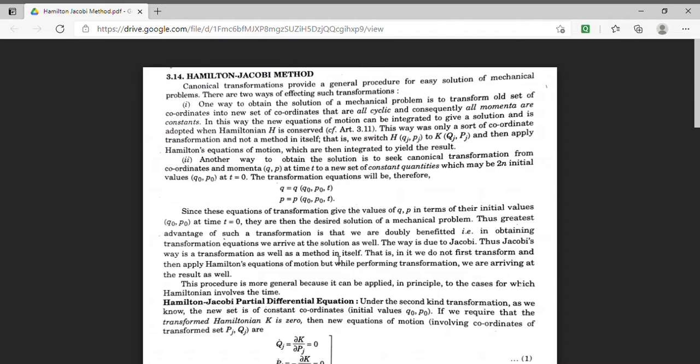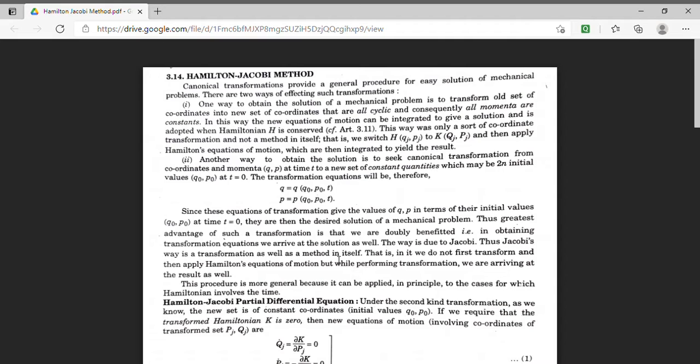And we know that the relation between r, theta and xy coordinates is r equal to under root x square plus y square, and tan theta equal to y by x. So, we can transform from a given set to a more convenient set, and this transformation means canonical transformation.